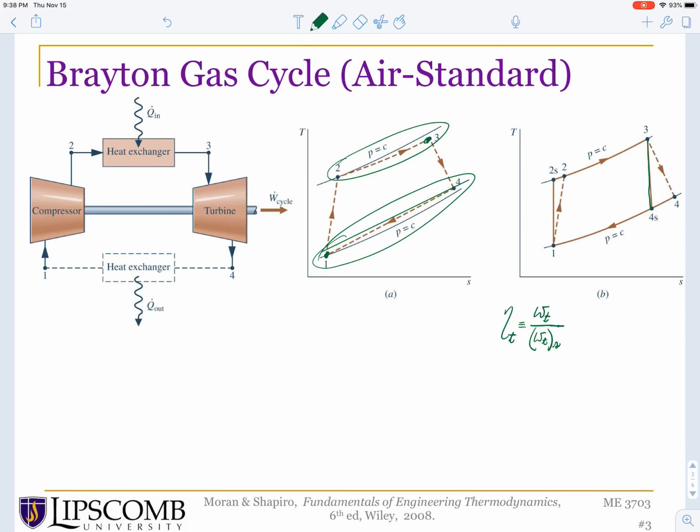And then in reality, our turbine exits at the same pressure but at a higher entropy, representing the irreversibilities. And we draw that as a dashed line because now it's no longer quasi-static. We don't know the path.